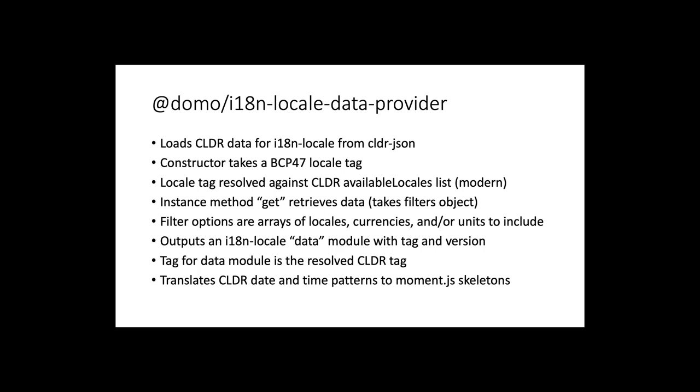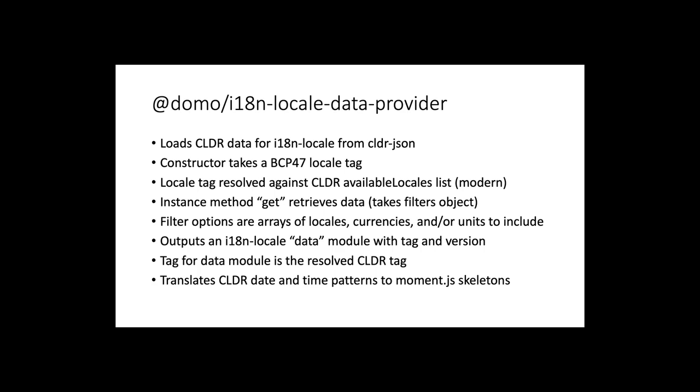It also has a public get method, which takes a filters object with optional locales, currencies, and unit fields. These fields map to arrays of locale tags, currency codes, and simple unit names that determine which locale display names, currency names, and unit names and patterns will be loaded by the provider. If no filters are specified, all of the available data is loaded.